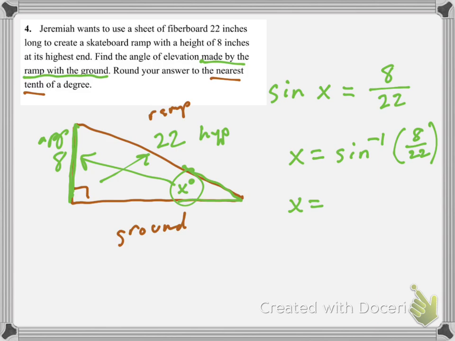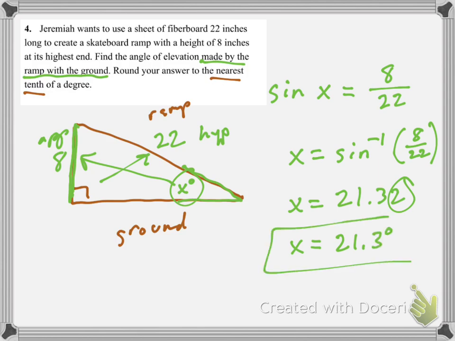So trig button, sine negative 1, 8 divided by 22. So I get 21.32. Says nearest tenth. 2 does nothing. So 3 stays. So my answer is 21.3 degrees. So for these problems, not only are you drawing the triangle, but you got to find the angle now, not the missing side.